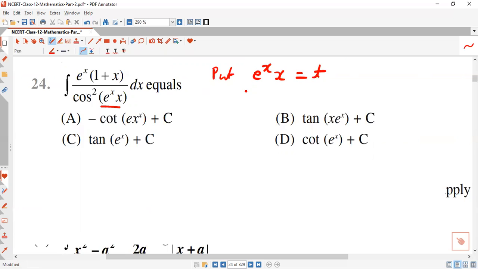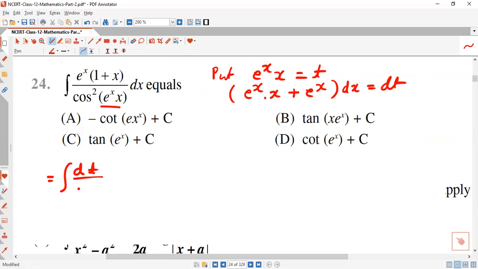When we differentiate this, you get e raised to x into x plus e raised to x, dx equal to dt. So now the integration becomes: in the numerator dt, and the denominator is cos square t.